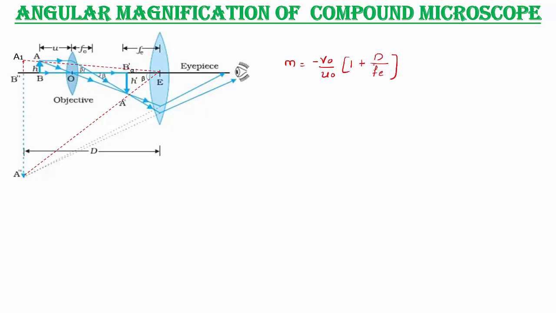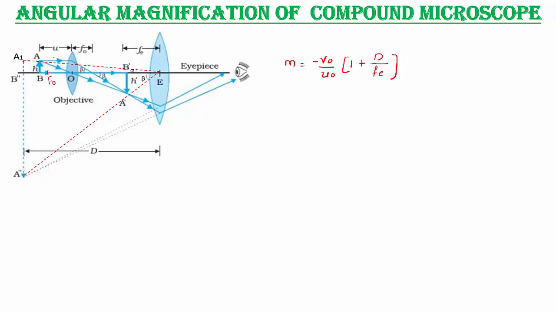Here in place of U0 and V0 we can write it as, observe the ray diagram. Here the object AB is kept just beyond principal focus F0. It is very close to F0. So if it is just beyond principal focus, it is very close to F0.